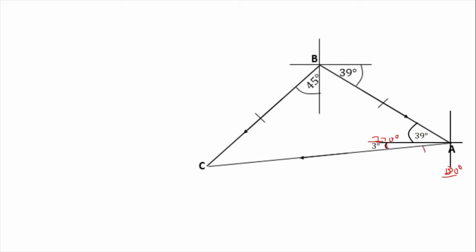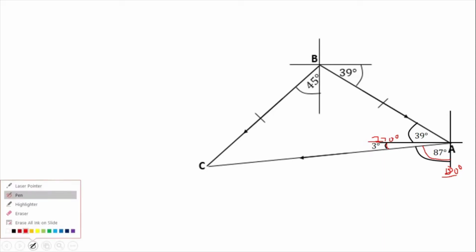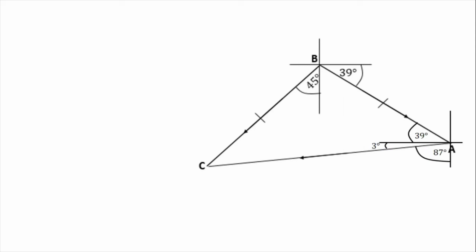So what is this bigger portion here? It's going to be 90 degrees minus 3 degrees, and that is going to give us 87 degrees. So you see that we have been able to manipulate the diagram in order to get the angle here which we were interested in, and now we have found it. That angle is 87 degrees.